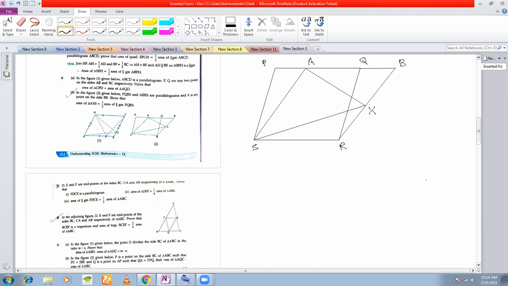Fine. This is the figure given. Let's read the problem now. In the figure given below, PQRS and ABRS are parallelograms. You can see the parallelograms. This is a parallelogram. PQRS is one parallelogram, and ABRS, this is another parallelogram.